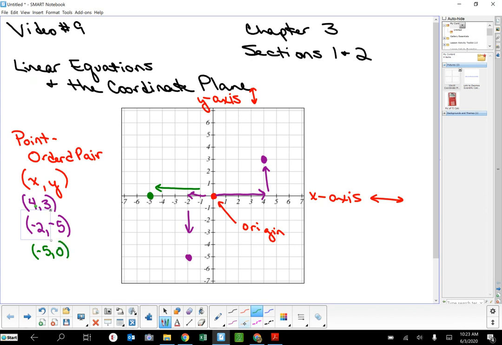And then if I put another one in yellow, let's say right here, that is over 0 and up 3. So those are some examples, and you're going to have to plot these just to make sure that you know where they all are.